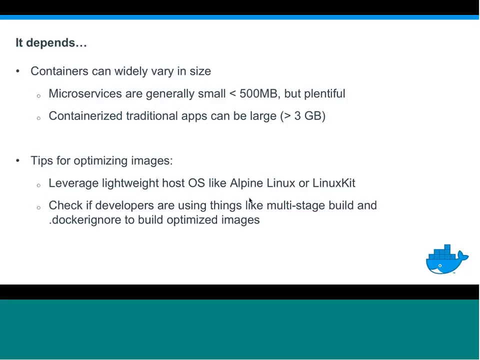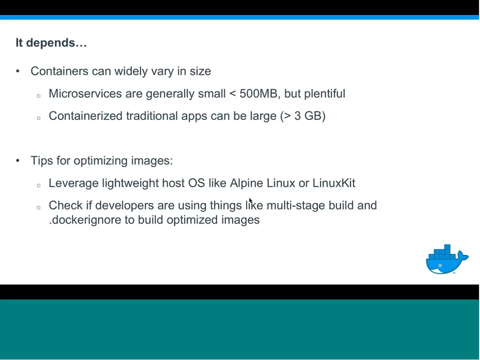One of the newer features that was released in our 17.06 Community Edition release is a feature called multi-stage build. This is a way to let developers basically cut the fat when they're ready to move an image from development to production. So the idea being, as a developer is working on code, they may be adding packages to an image that are no longer needed when it's ready to go.